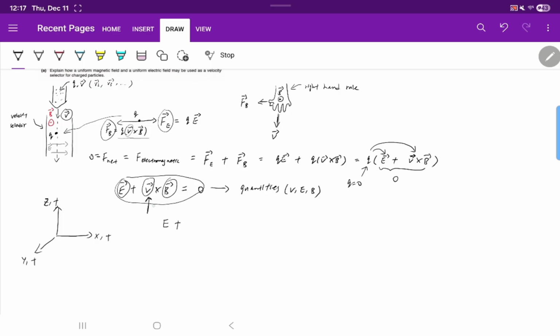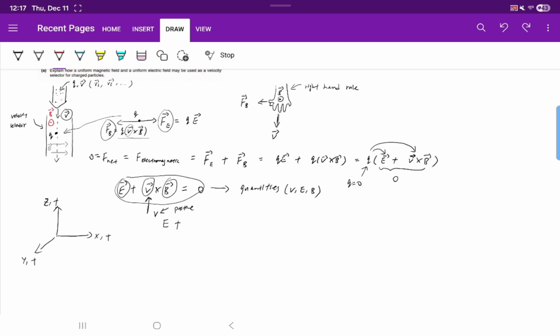If this velocity has a quantity of v, and let's say this v is positive, that means when you go back to this graph, the particle is moving in the negative z direction with a quantity of v.